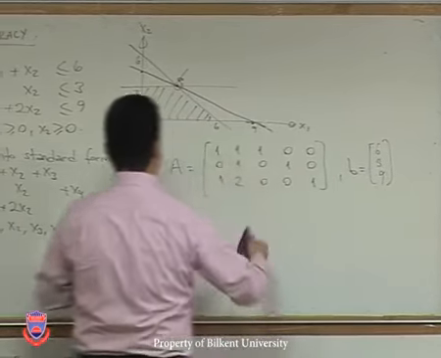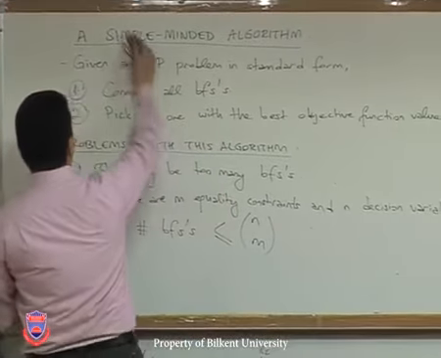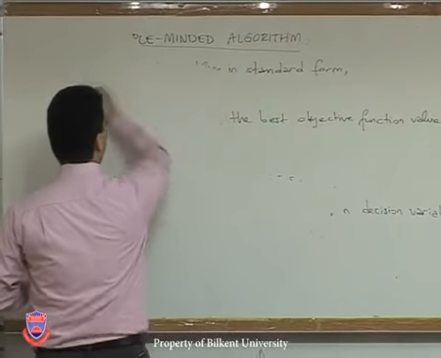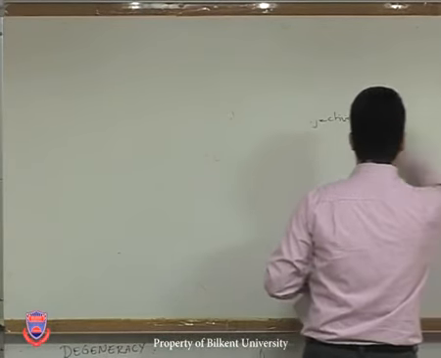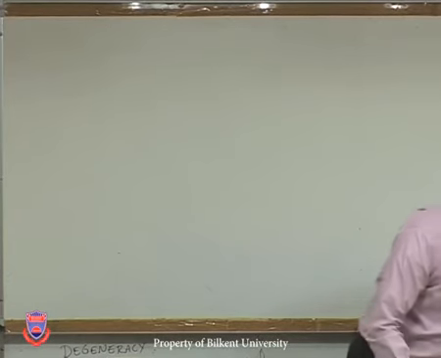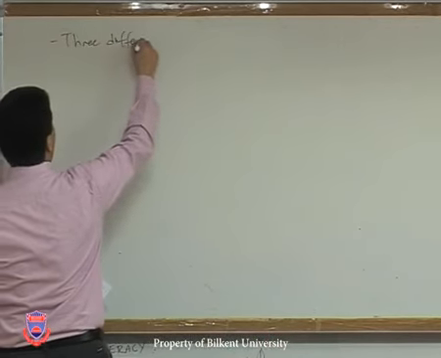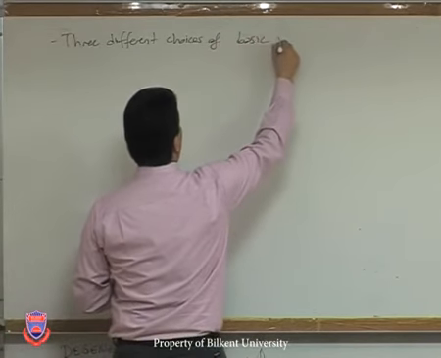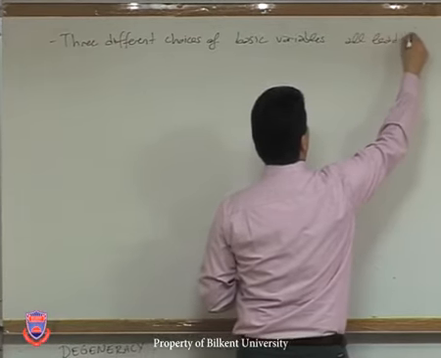Let me write down my remarks. So in this example, 3 different choices of basic variables all lead to the same corner point.